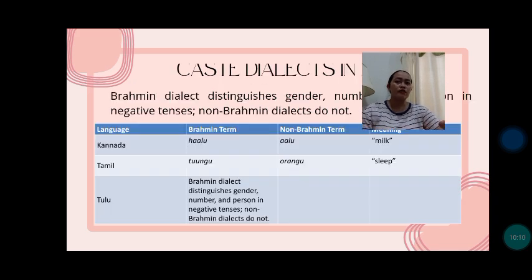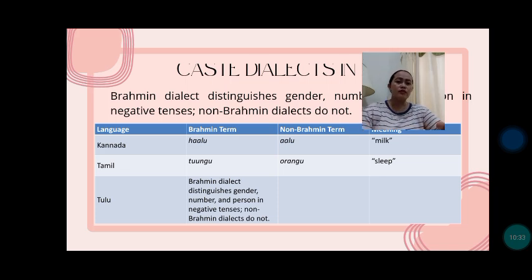Let's take an example from India. In Indian languages like Kannada, Tamil, and Tulu, we can see clear differences between Brahmin and non-Brahmin speech. For instance, in Kannada, the Brahmin word for milk is halu, while the non-Brahmin word is alu.